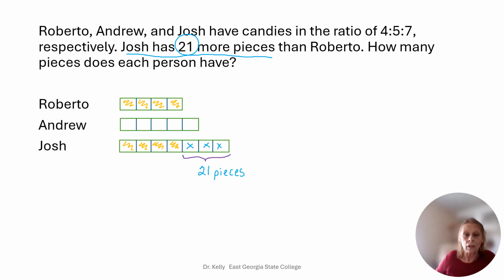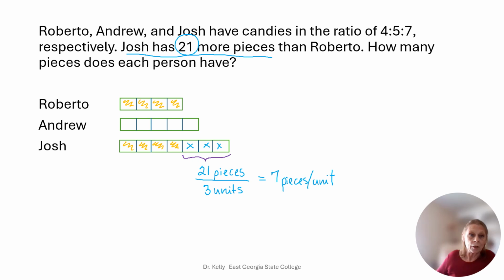And just like the last example, we can divide those 21 pieces by the 3 units that we have to find out how many pieces per unit. And that means that we have 7 pieces per unit. Okay, and so how many pieces did everyone have?